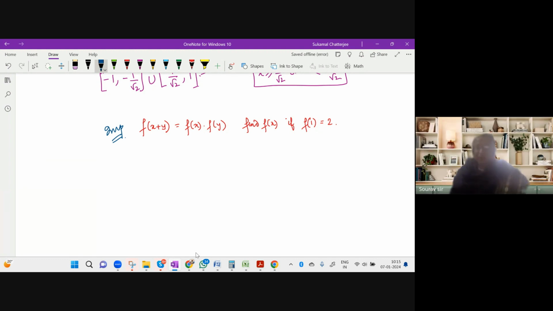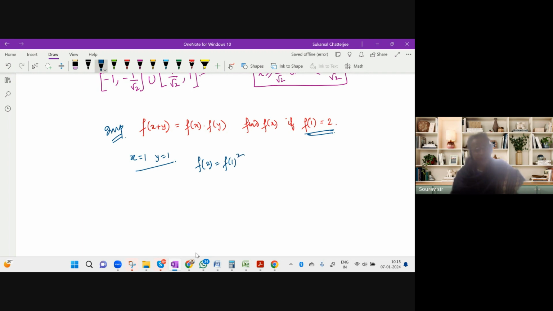Okay. There is another way. You're right, same thing. What I'm going to show you is the same thing, but here f of 1 is given, so this is the hint that is already given. I will first put x equal to 1, y equal to 1. Then f of 2 becomes f of 1 whole square.